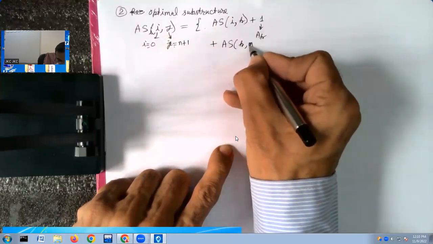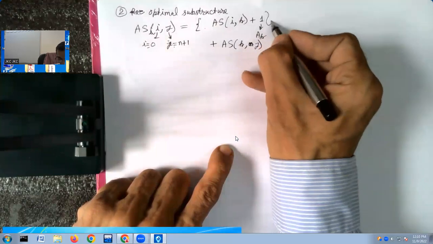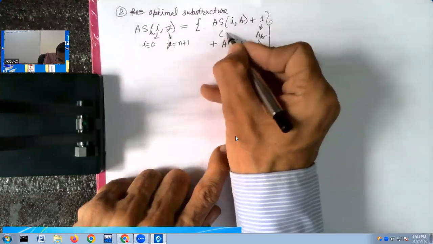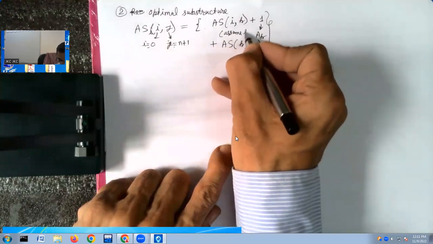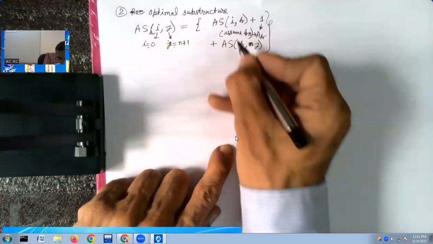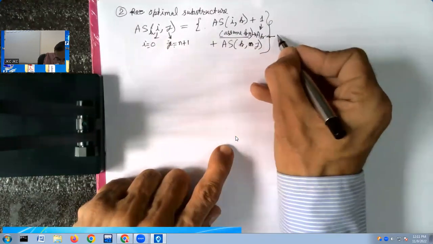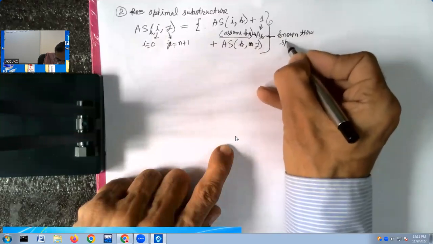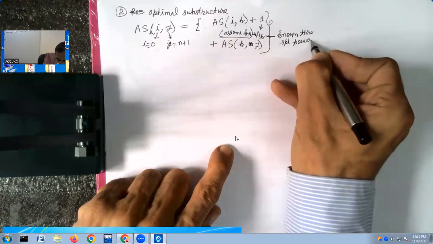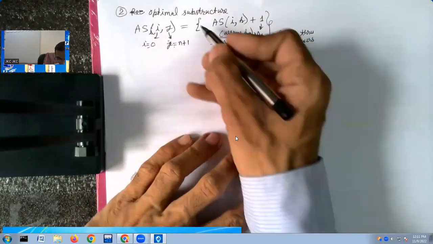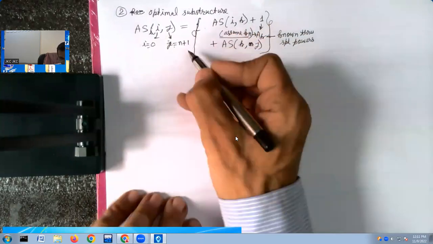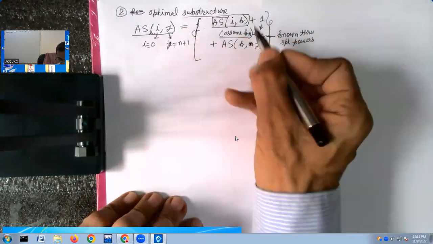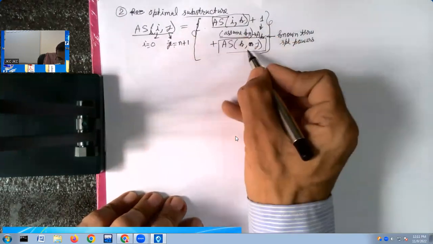So this becomes my answer, if I know k. I have assumed Ak is known to me, known through special powers. So now my AS can be recursively found, or optimal substructure found. This is subproblem 1, and this is subproblem 2.